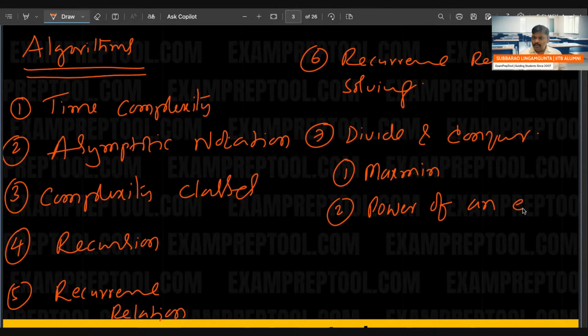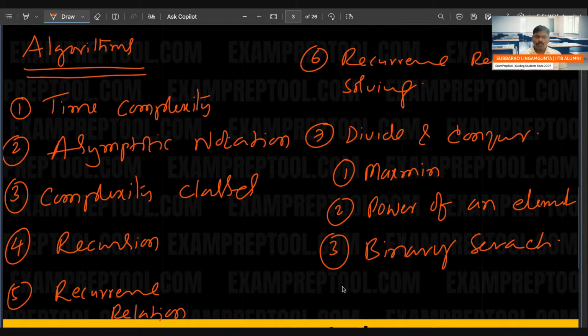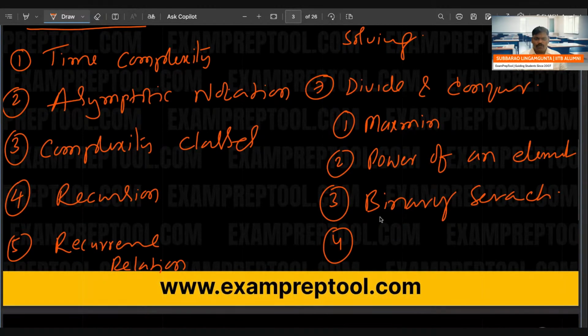Third one, binary search. Fourth one, merge sort.